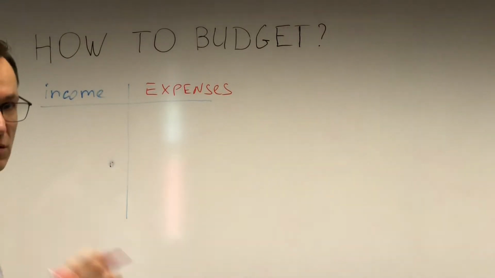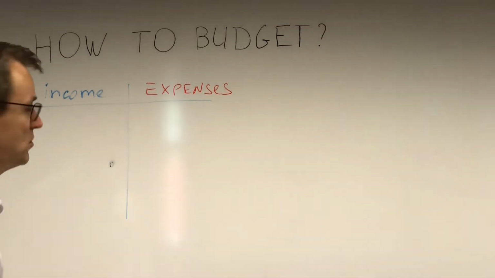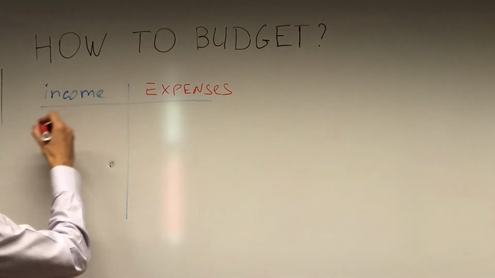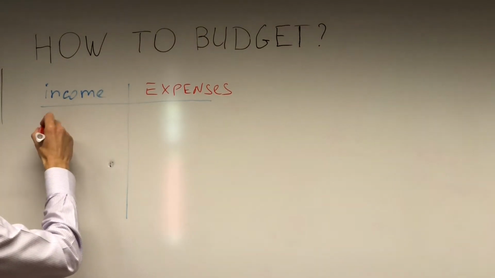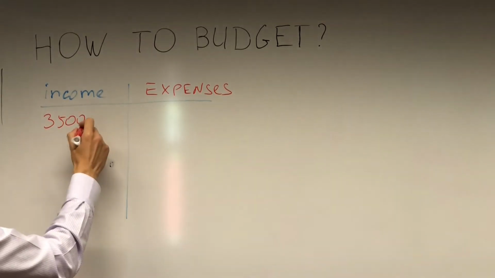And really what you need to do is to come up with the amount. So what is your monthly income? So how much income do you get per month? Let's say like 3,500. Right?